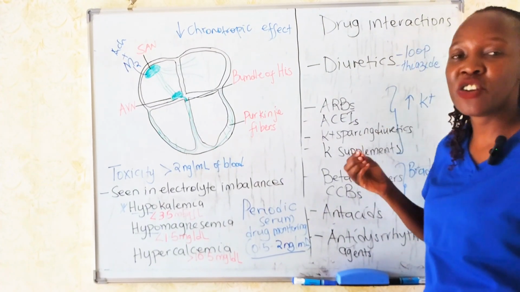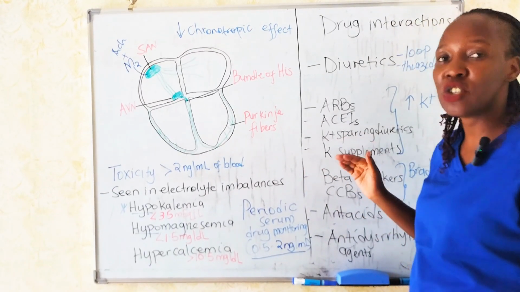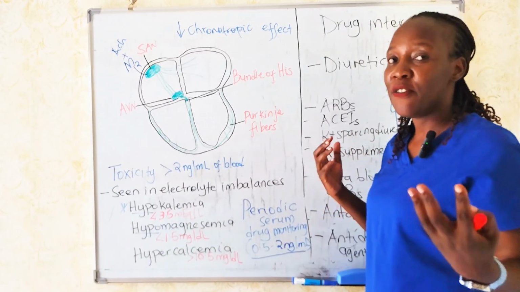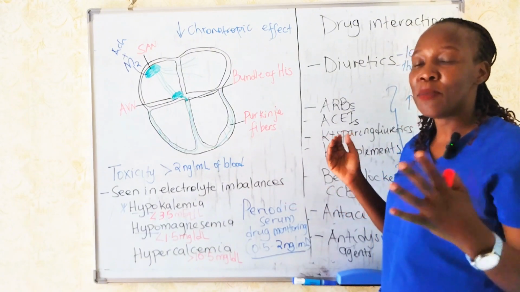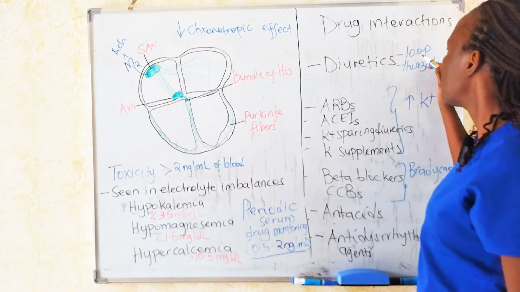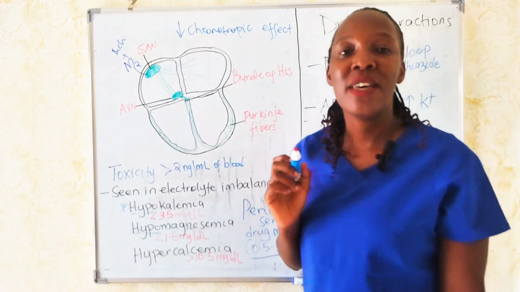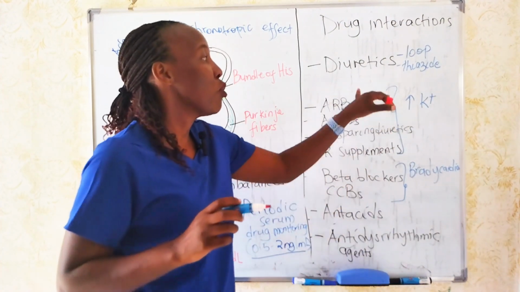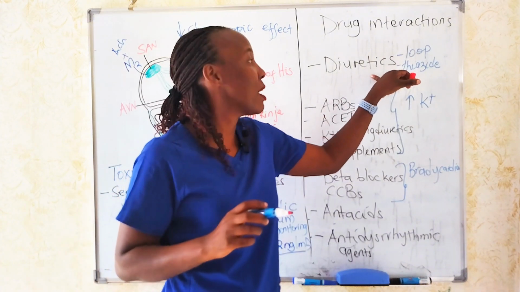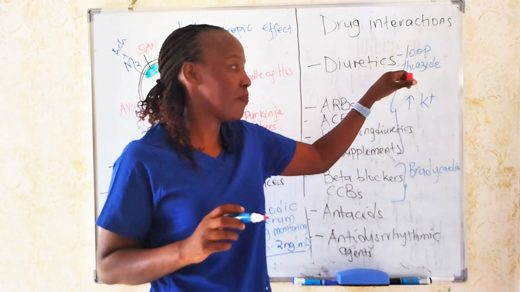Loop and thiazide diuretics are potassium wasting diuretics, and digoxin toxicity is usually very common in the picture where we are having a hypokalemia. So if a client is receiving either a loop or a thiazide diuretic and as well they are receiving digoxin, we need to monitor the potassium levels of that client closely.